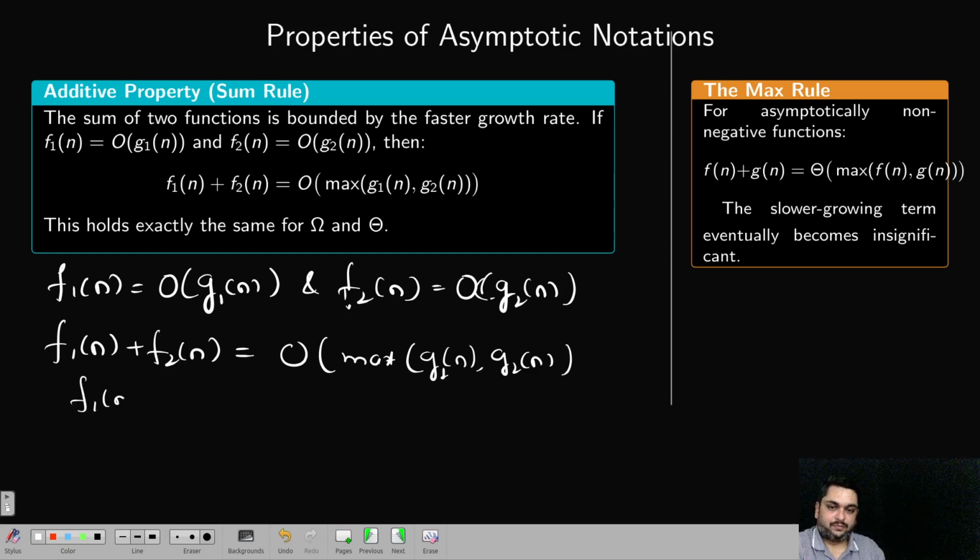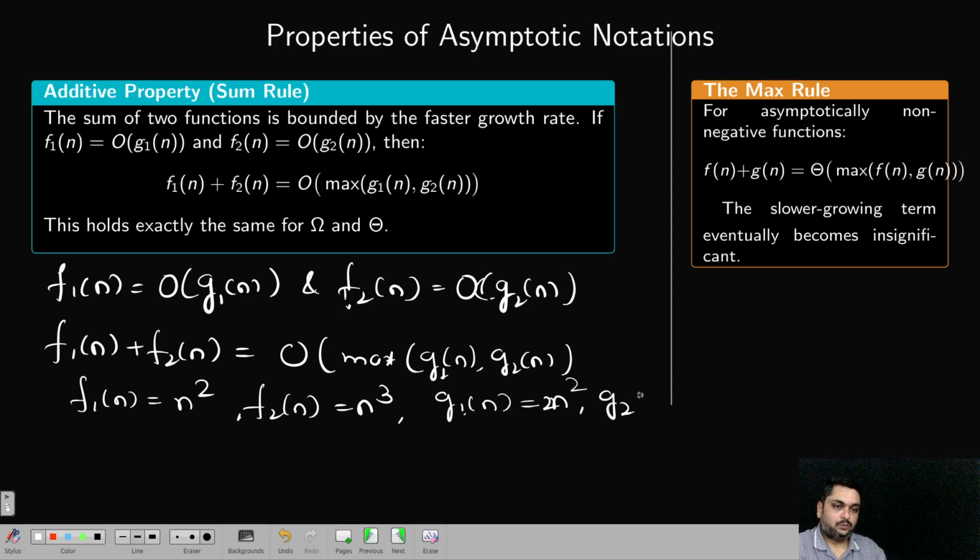For example, f1 of n is equal to say n square, f2 of n is equal to say n cube. Then say g1 of n is equal to 2n square, g2 of n equal to n to the power 4.